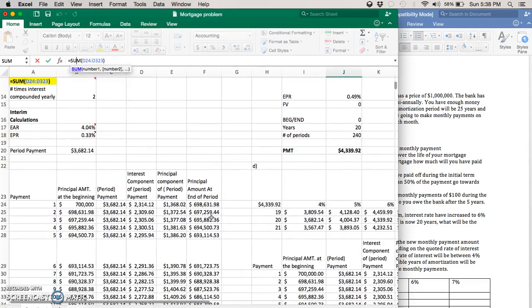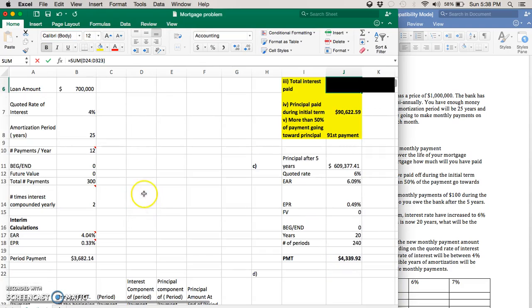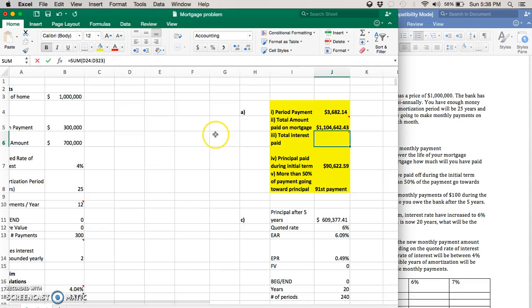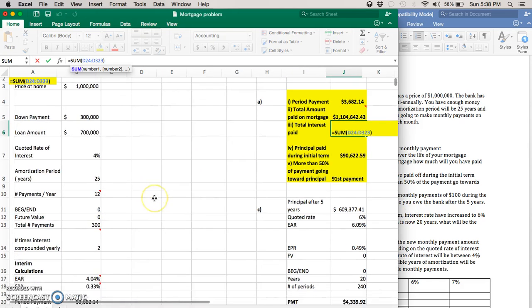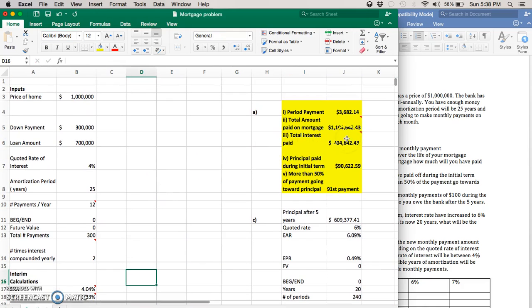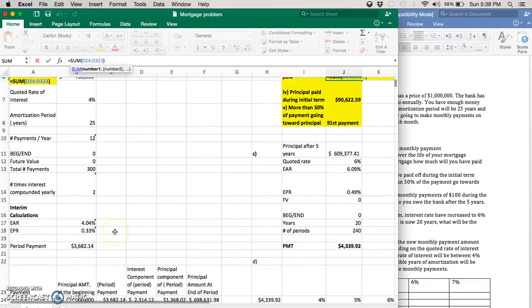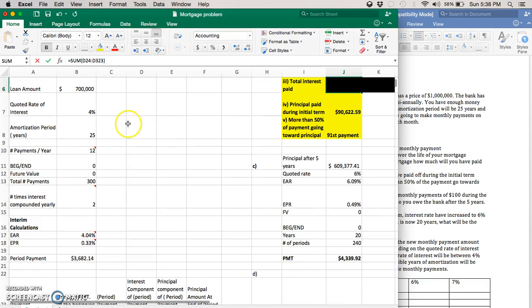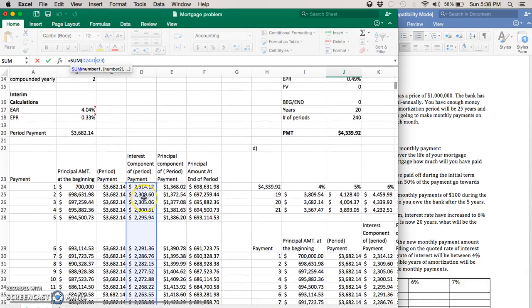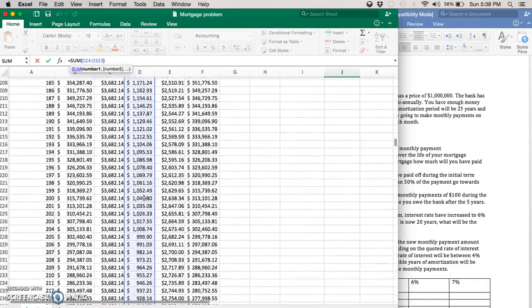So what you do is you reference a certain range in your amortization schedule. So, for example, you have the sum of the first payment for your interest component, and then it's going to go all the way down to the 300th payment.